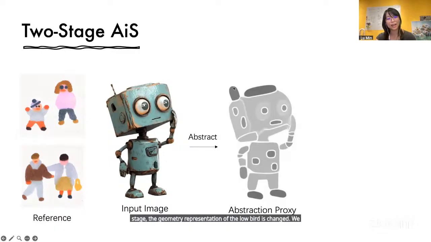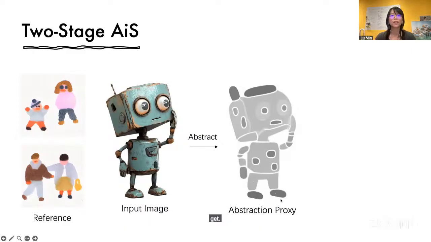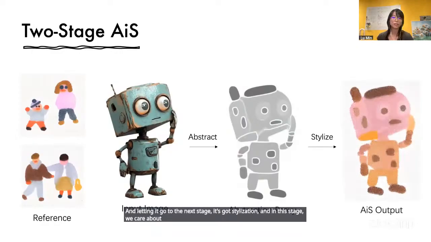The lines here get thicker, and the feet here are different. Then it goes to the next stage, called stylization, and in this stage, we care about what color to use and what texture to be transferred, and then we finally get these results.